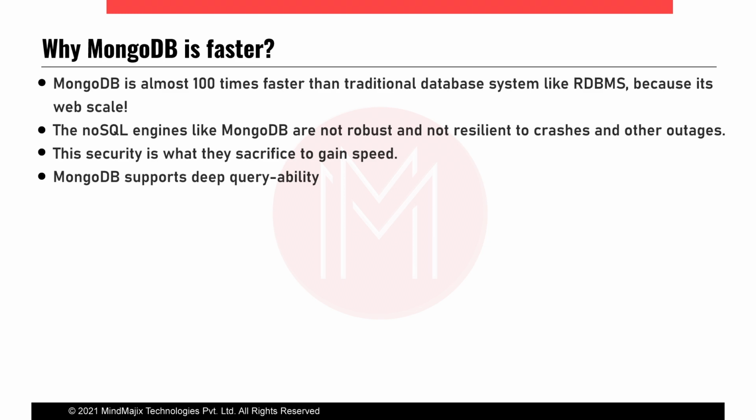Next, there is no structure, and it is not robustly resilient to crashes and other outages. It does not support everything a traditional database system like a DBMS does. Compared with a traditional database, MongoDB is 100 times faster. That's how we achieve faster speed compared with other technologies.